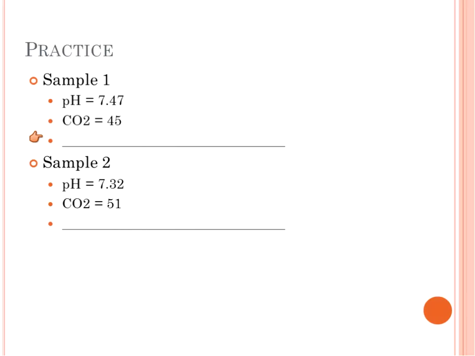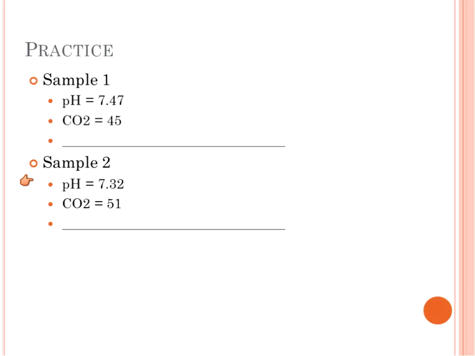Now, is it respiratory in nature, or is it metabolic in nature? Do we have a problem with our CO2 levels? Nope, CO2 levels are in the normal range, so it has to be metabolic in nature. And because the CO2 levels are in the normal range, we can't even say that we have respiratory compensation taking place. So our next sample, pH is 7.32.